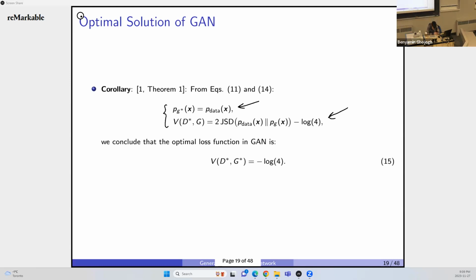And we conclude that, so put VG star and P data into this, it becomes 0. As a result, V of D star and G star, both of them become minus log of 4. In other words, when you train your GAN, at the end, the loss becomes minus log of 4. If it converges, if. Okay, because it usually converges very hard, okay?